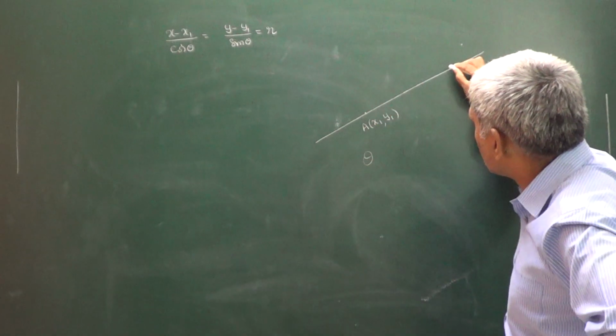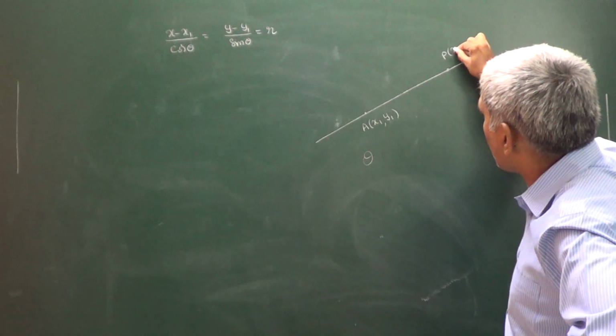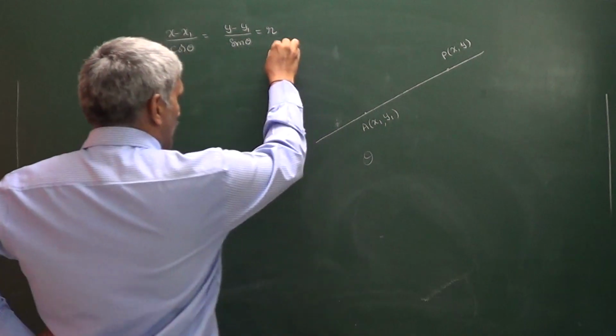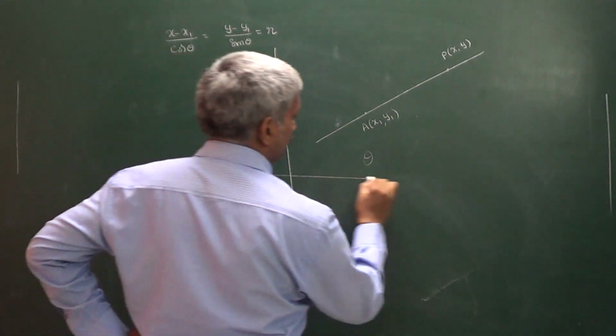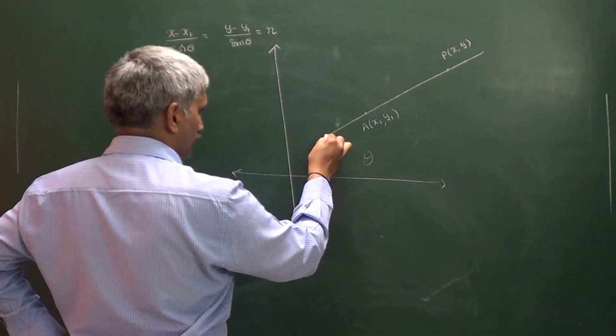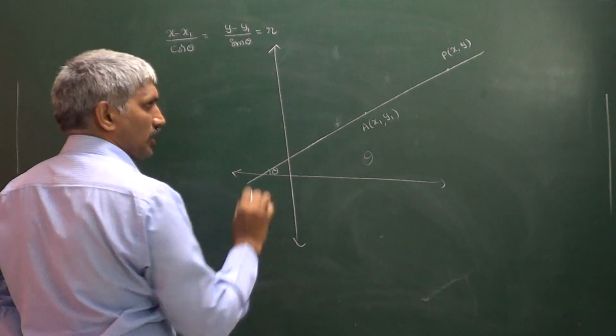Now what I am doing is, somewhere here there is a point. Let us say that point is P (x, y), a general point on the line we can take. Extend, this angle is given as theta.